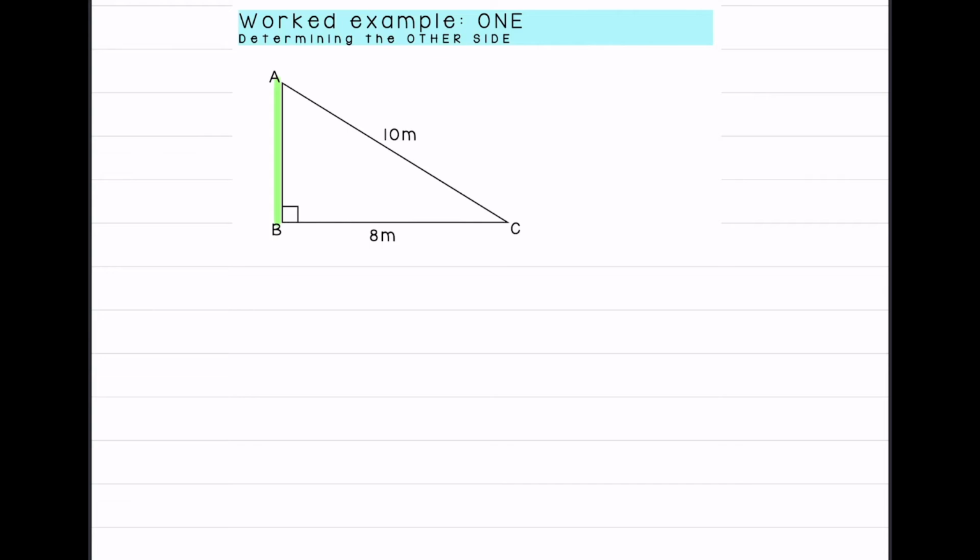So I'm going to do it the exact same way. The hypotenuse, which in this case is AC squared, is equal to side 1, which is AB squared, plus side 2, which is BC squared. Now all I need to do is substitute the correct values in place of the letters.